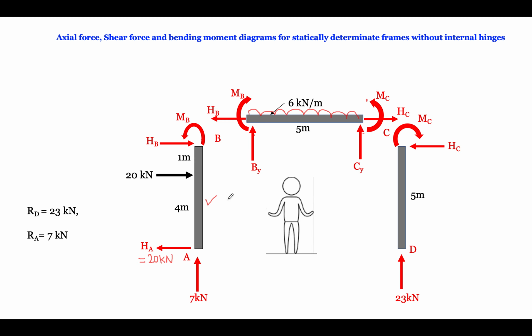Whatever compression, that is our assumption, if we are getting compressive axial forces, I can draw negative inside. So whatever negative forces I get, I will draw that diagram inside the frame, and whatever positive I get, I will draw outside the frame. Similarly for all the members.